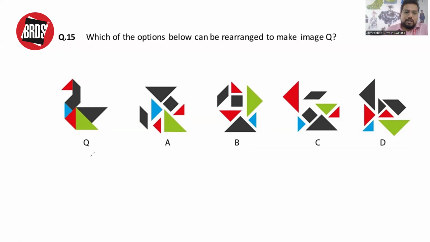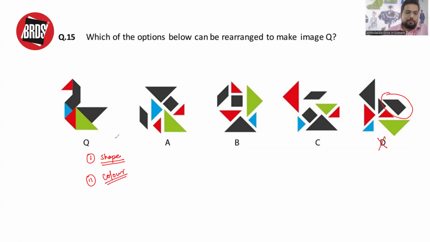So two things you have to do. First of all, the shape. If you try to visualize the shape correctly, you will find there's no such shape in this question figure, so D would be marked as a wrong answer. The second thing you have to focus on is the color.